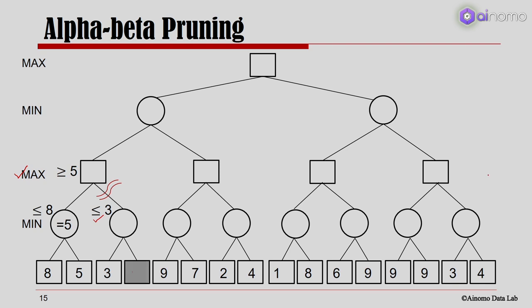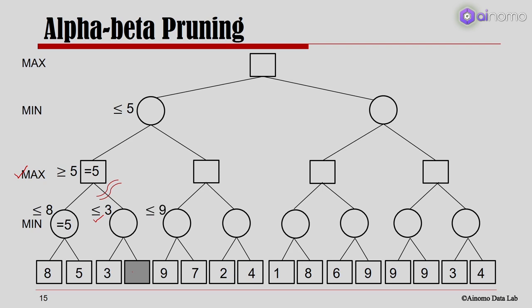I back up the max value to the min level, and before that I need to have a realization that because there is no right subtree, this value can be 5. I back that value up, and because this is a min node, I would have a value which is less than or equal to 5.